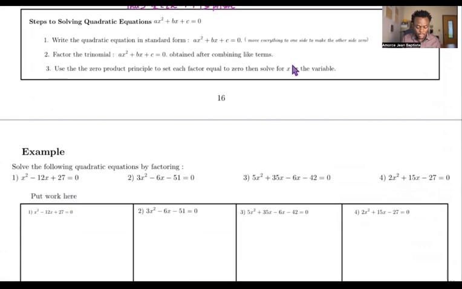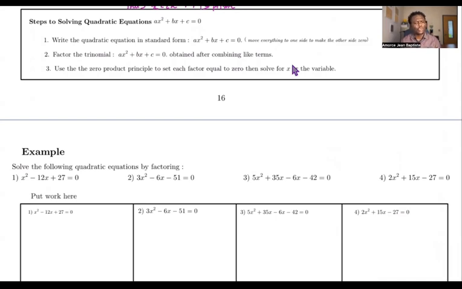And here are the steps. Step 1, write your quadratic equation in standard form. That means move all the terms over so you have 0 on the other side, and keep them in order: the quadratic term that is the term with the x squared, the linear term that's the term with exponent 1, and the constant, the term without a variable, equals 0, and that makes it the standard form.